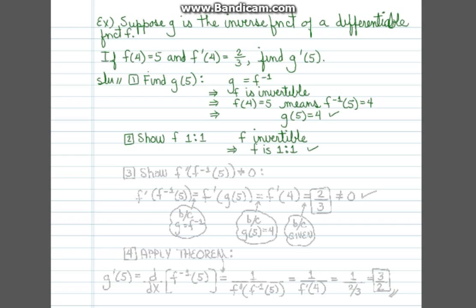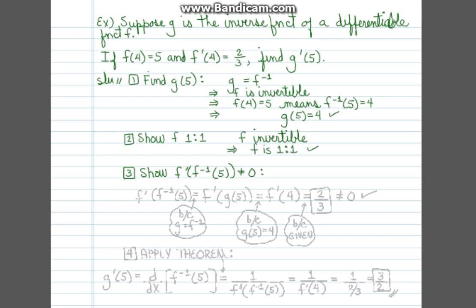Okay, so let's go on to step 3. We just want to make sure we meet all the qualifications to use the formula. The last qualification before we can apply the formula is to show that f prime of f inverse of 5, which is going to be our denominator in the formula, is not equal to 0.